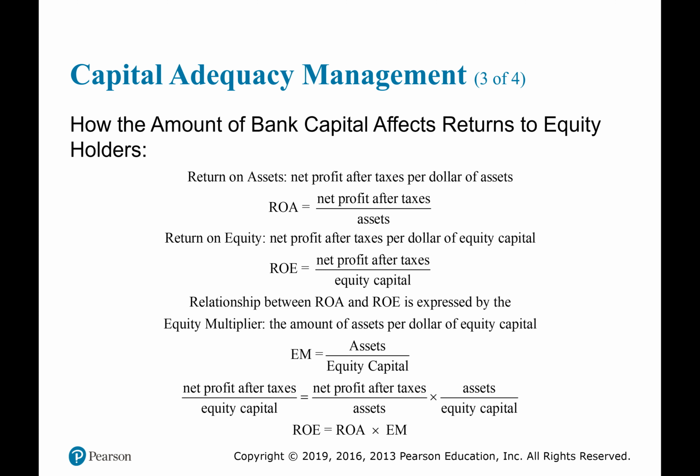And we can do some other calculations here to look at how the return on equity and the return on assets are related. So we defined in the PowerPoints for the actual book chapter return on assets and return on equity. And we can then define something called the equity multiplier, which is the assets divided by the equity capital. So in which case we can write the rate of return on equity is equal to the rate of return on assets multiplied by the equity multiplier.